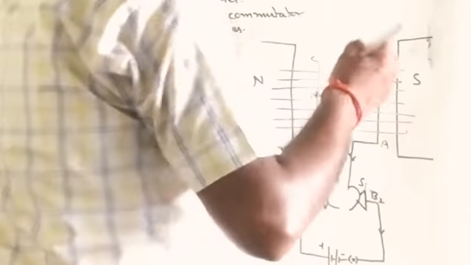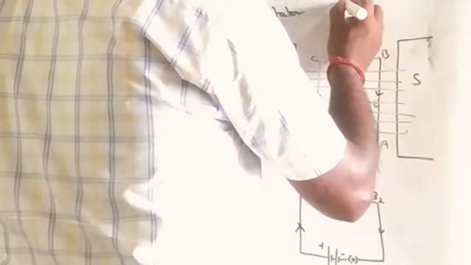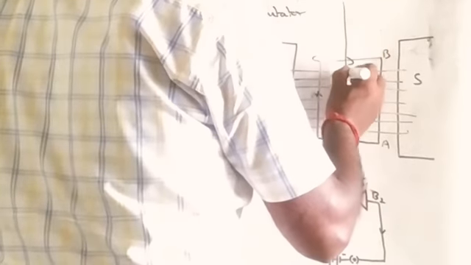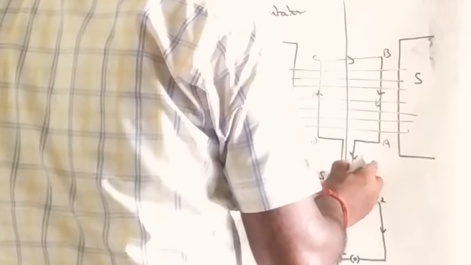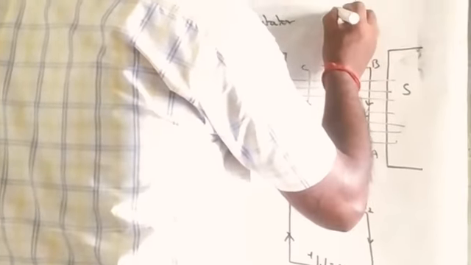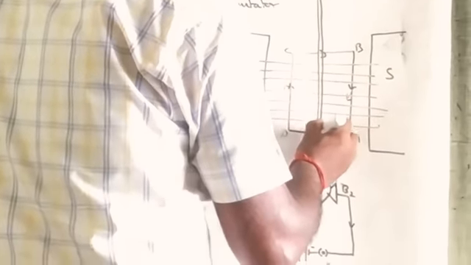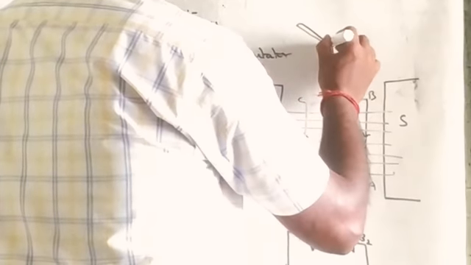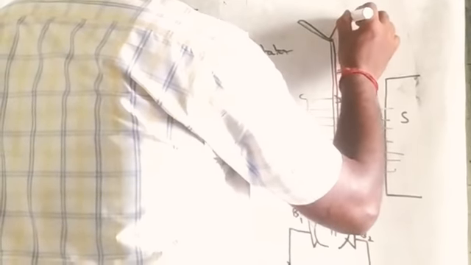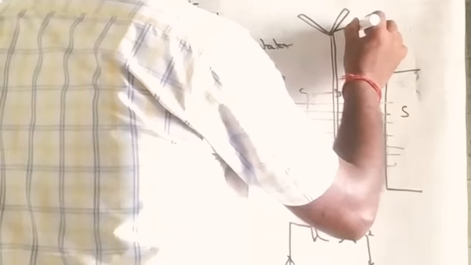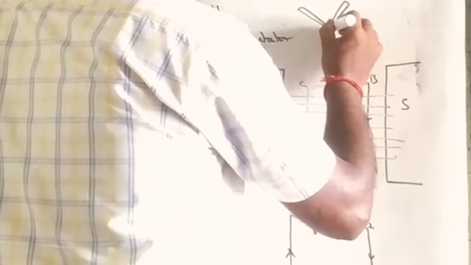When this armature coil is connected through the axle, here we can place an axle, and on the axle we connect the blades of a fan, like this one.